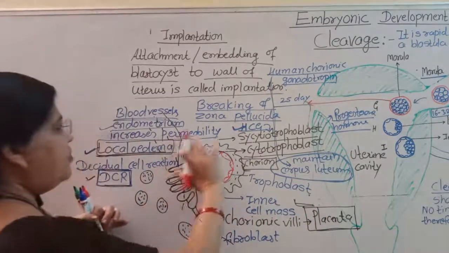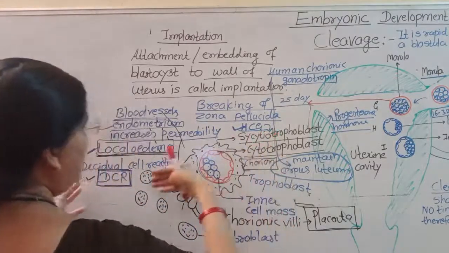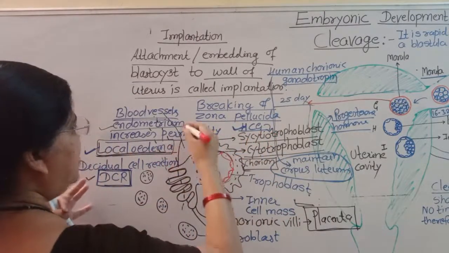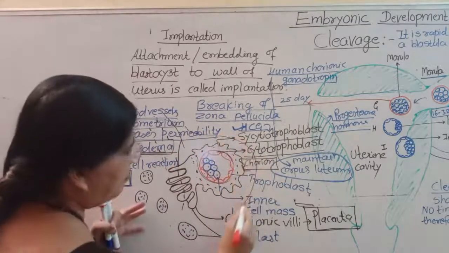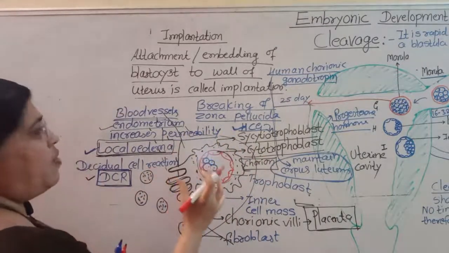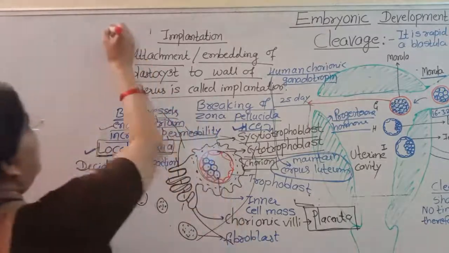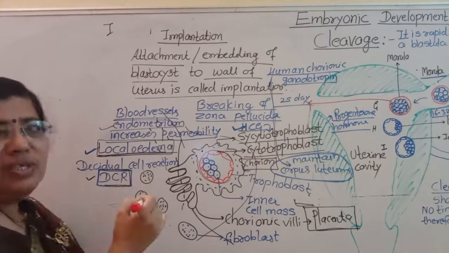So at the end of 10th day of fertilization, this embryo is completely buried inside the endometrium, and such type of implantation is called interstitial implantation.